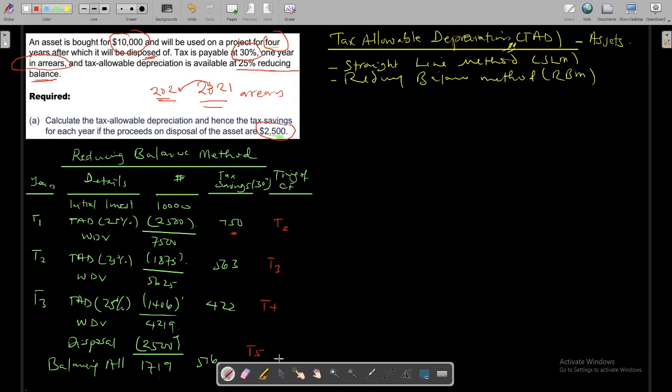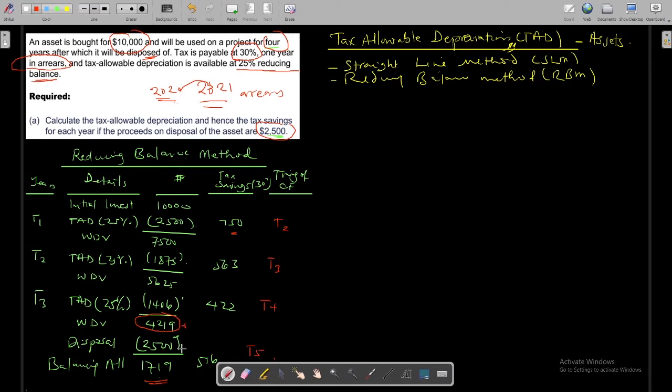Now let me explain to you why there is a balancing allowance. At the beginning of the 4th year, this is the cost of the asset. The saleable value of the asset in the open market was 4219.